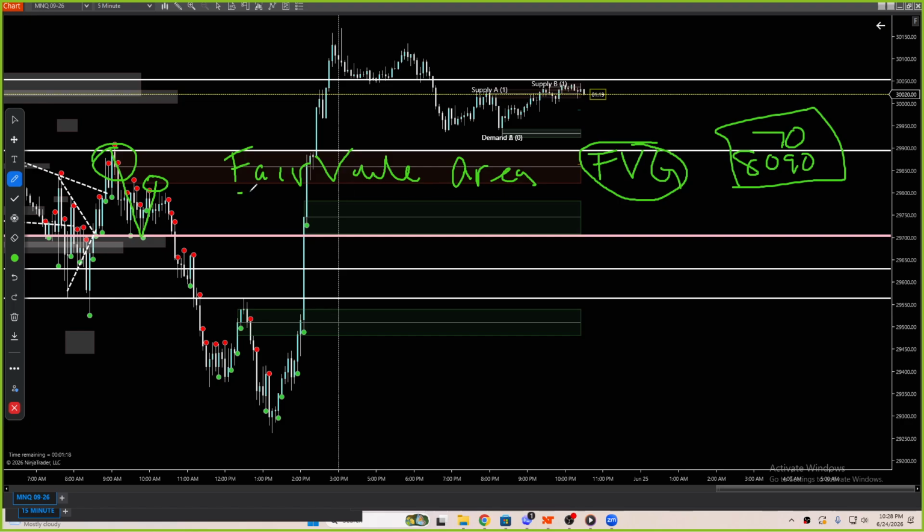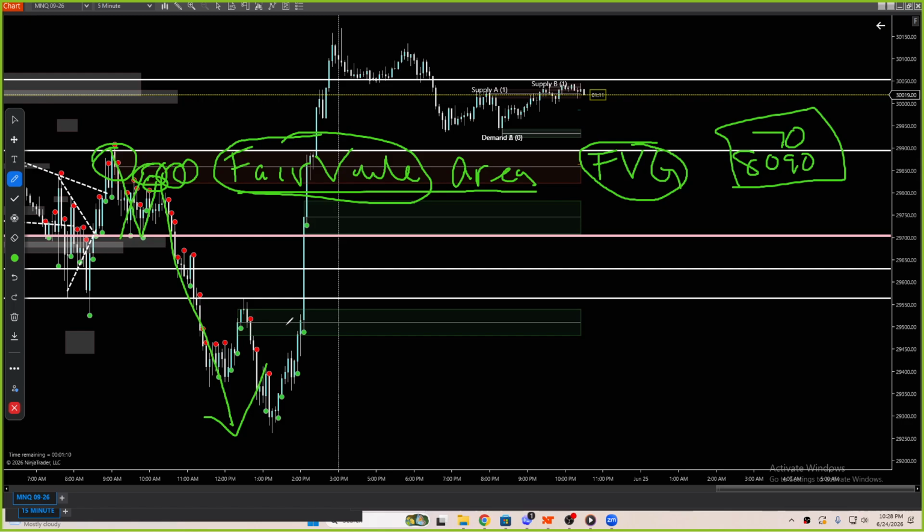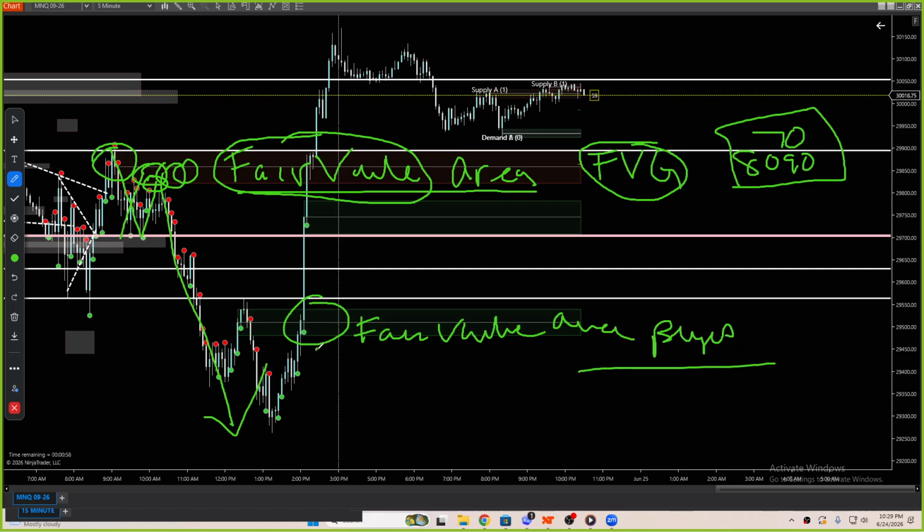What does that mean? That means it's a fair price, a fair value that sellers are willing to sell and push price lower. Down here, this is a fair value area that buyers are willing to buy and push price higher.